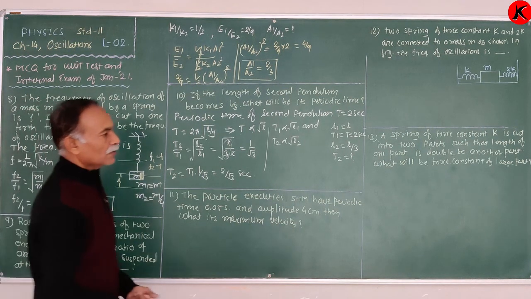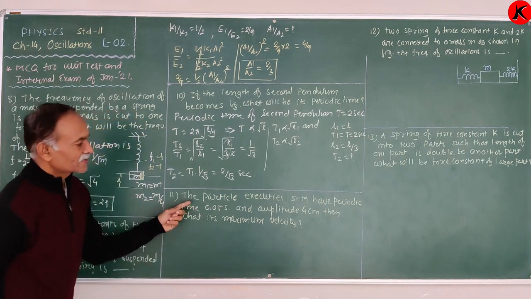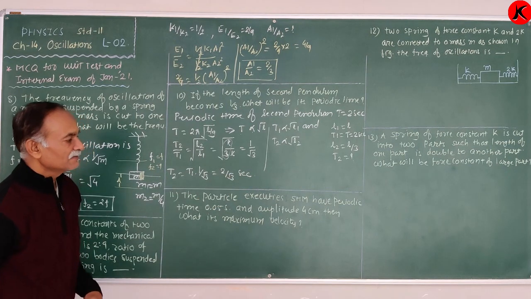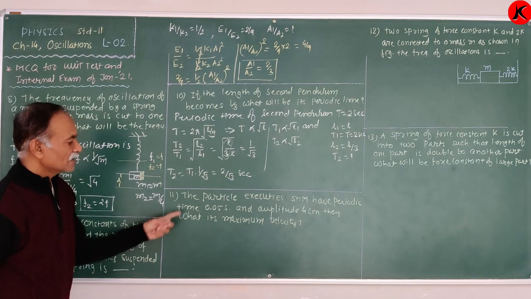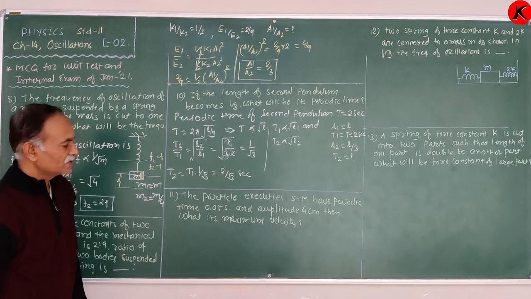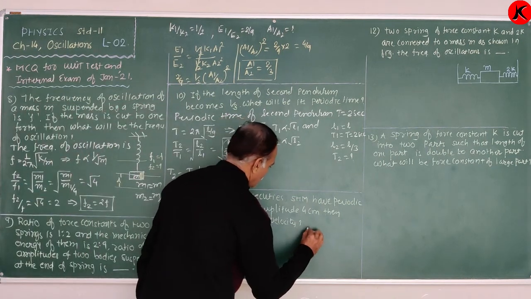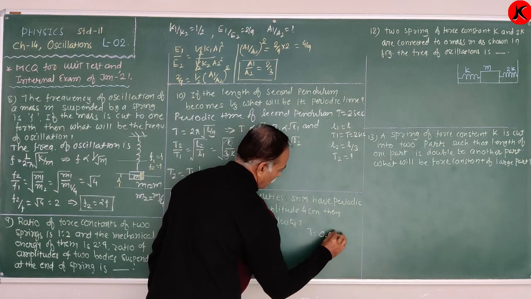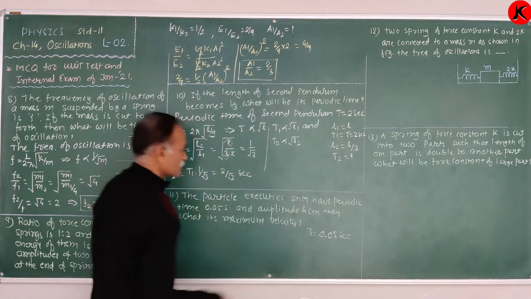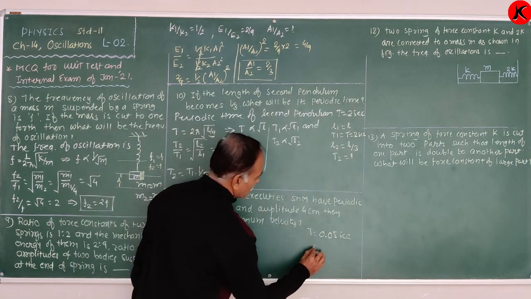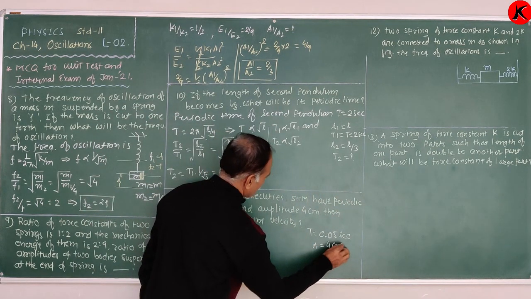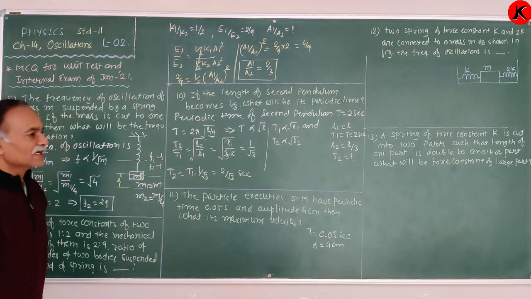Now, next: a particle executes simple harmonic motion with periodic time 0.05 seconds. T is equal to 0.05 seconds, and the amplitude is given as 4 centimeter. Then, what is its maximum velocity?